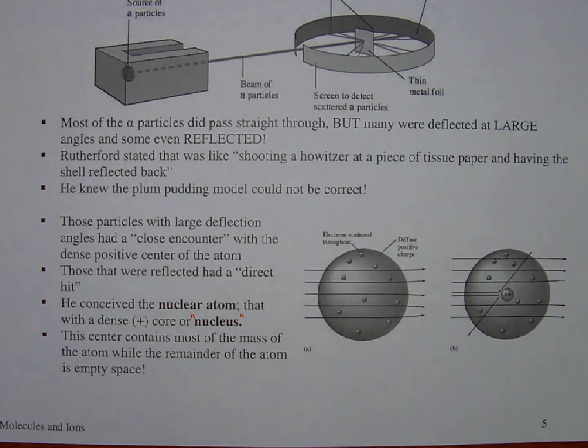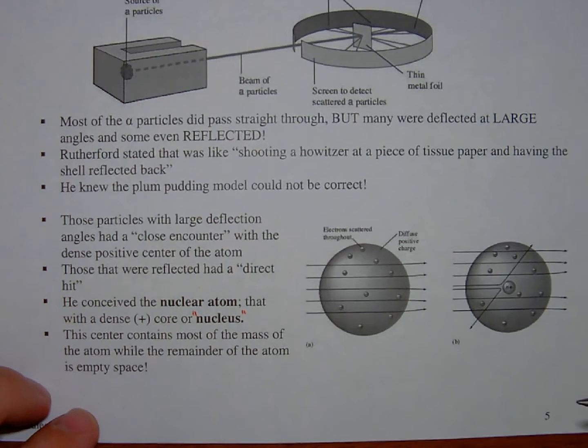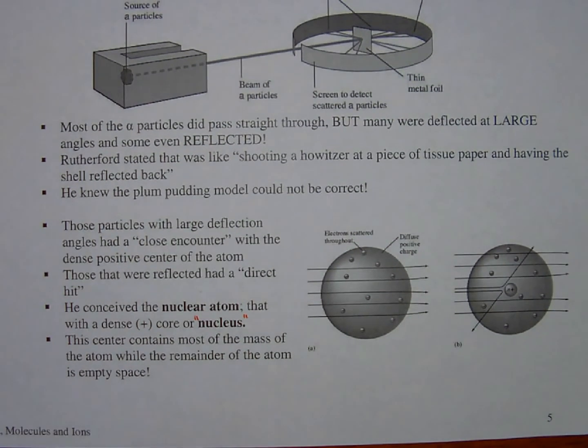But back in this day, that kind of colloquialism didn't exist. The word nucleus belonged to the scientific community. So Rutherford used the word nucleus to describe this central, highly dense, positively charged nucleus.